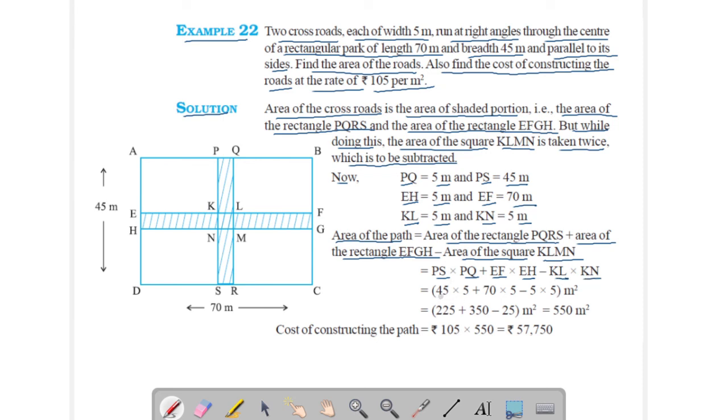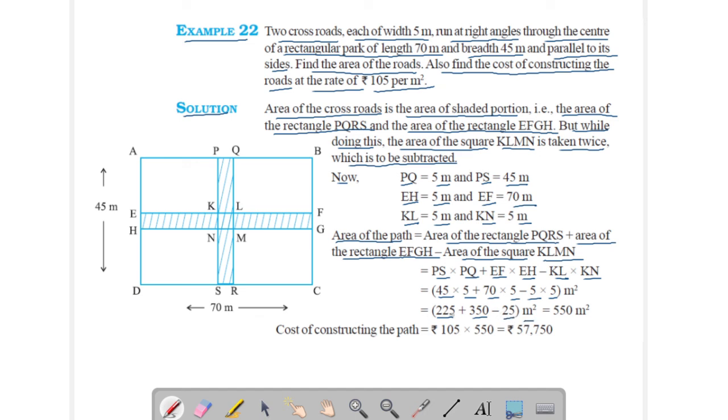Now, what is PS? It is 45, PQ 5, EF 70, EH 5, minus KL and KN both are 5. Then solve it. 45 into 5 is 225 plus 70 into 5 is 350 minus 5 into 5 is 25 meters square.